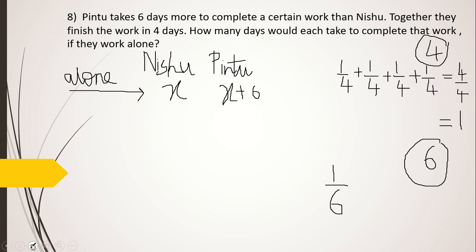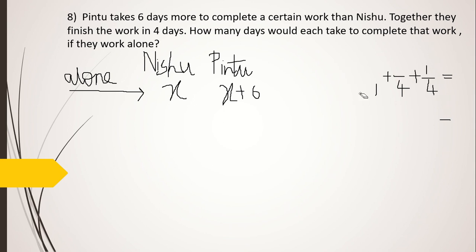Okay, I hope you understand this logic. So this person will work for 6 days. So 1 upon 6, 1 upon 6, 1 upon 6, you add for 6 times, then that one work will be over. It will become 6 upon 6, and that one work will be finished. It's like that.